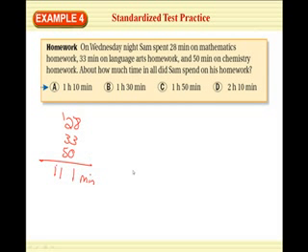Now, we need to convert that over. It takes 60 minutes, so let's subtract out an hour. So 1 hour, 60 minutes, there's 51 left. Did I add wrong?